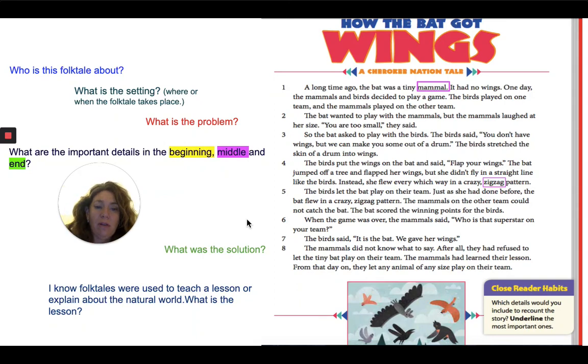When the game was over, the mammals said, "Who is that superstar on your team?" The birds said, "It is the bat. We gave her wings." The mammals did not know what to say. After all, they had refused to let the tiny bat play on their team. The mammals had learned their lesson. From that day on, they let any animal of any size play on their team.